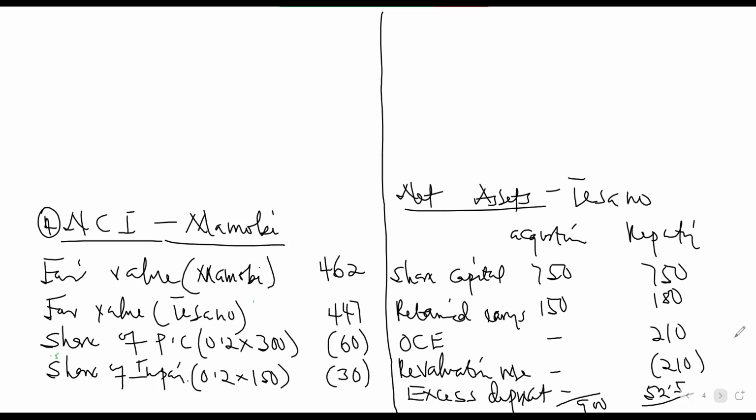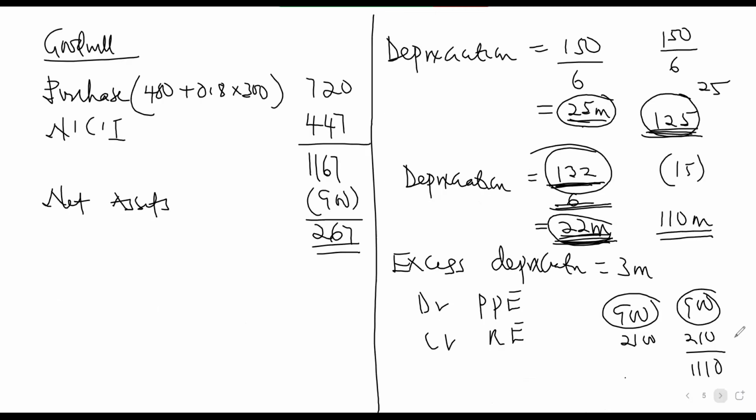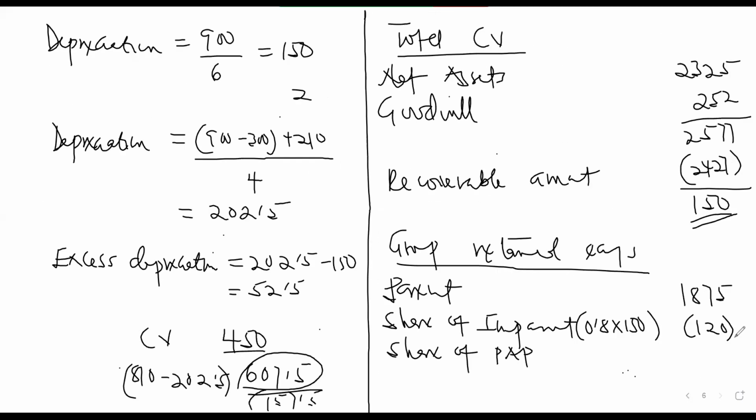Okay. So the share of profits in Tesano will be 0.4 times 82.5. And the share of this one will be 0.6 times 82.5.